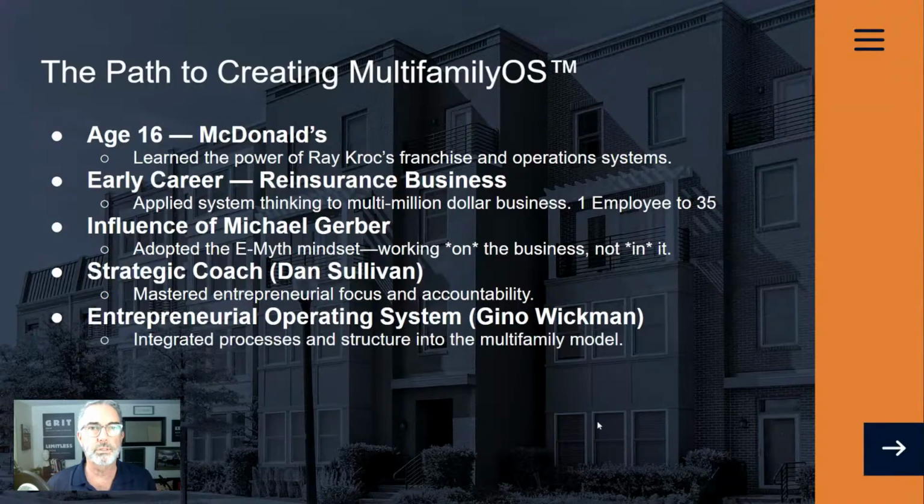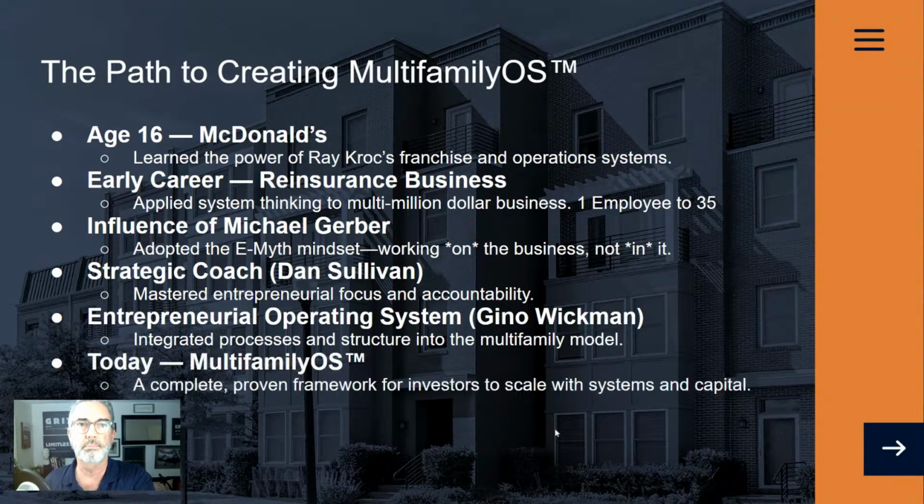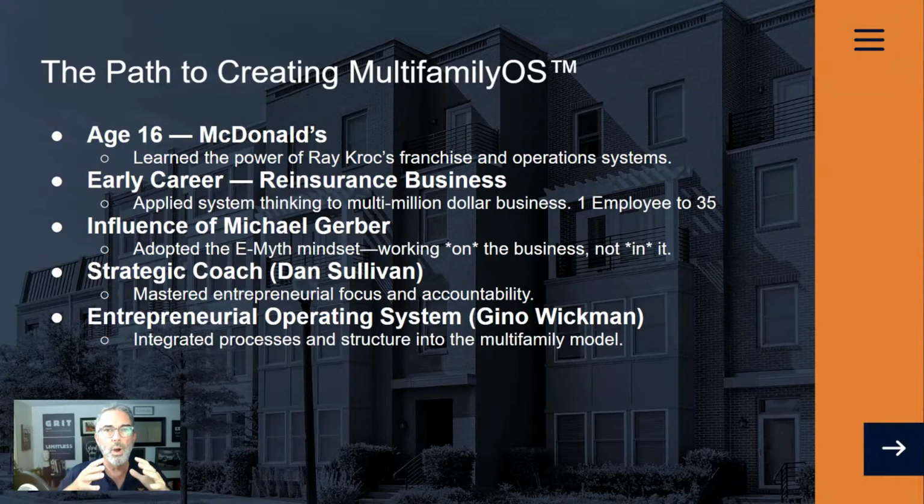Gino Wickman went out and built this huge model, very simply, where he integrated the structure of the business and created systems and processes throughout that structure to create your company. Then he's taken his EOS program and applied it to so many different businesses around the world.